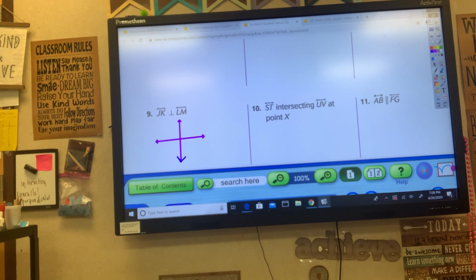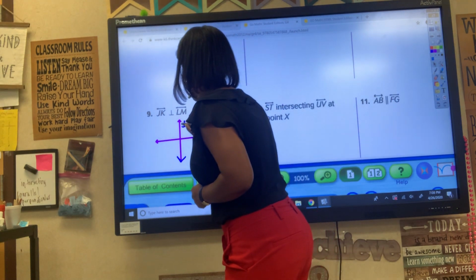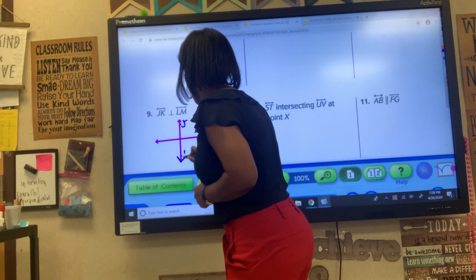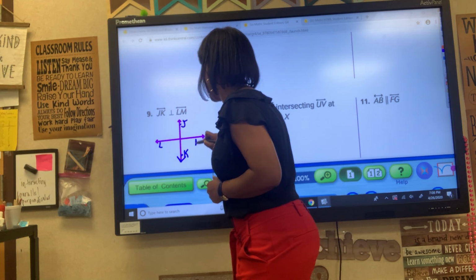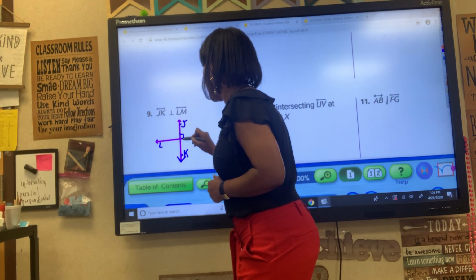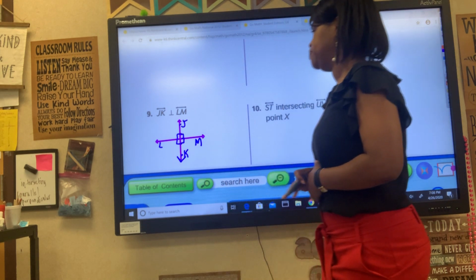So I have line JK. It's perpendicular to line LM. We have 1, 2, 3, 4 right angles.